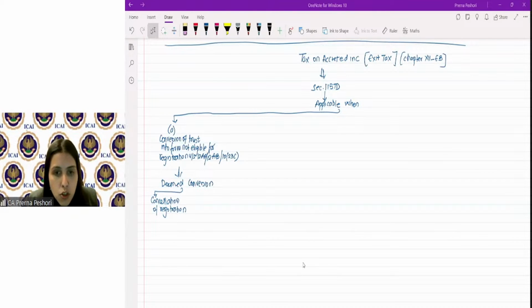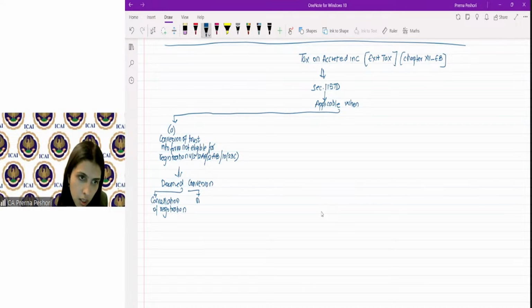The second situation in which the exit tax will be applicable is when there is a deemed conversion, in a situation where the trust has undertaken the modification of the objects which do not conform to the conditions of the registration, and it has not applied for a fresh registration, or if it has applied for the fresh registration, but the application has been rejected.